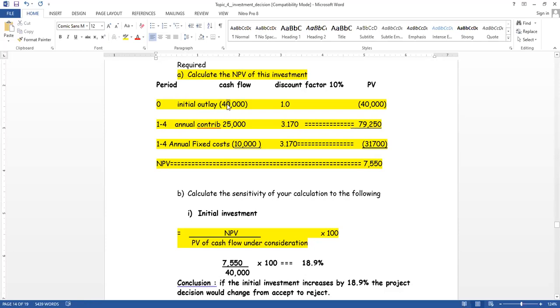Let's put now 47,560. I want to see whether it will change. Now here it is 47,560.